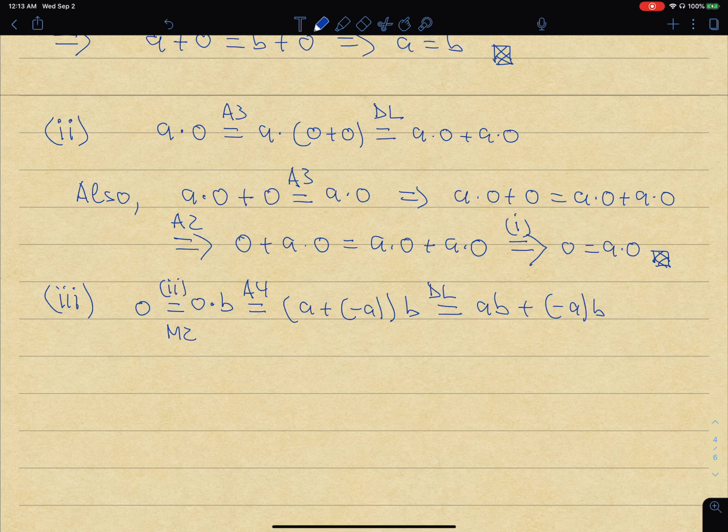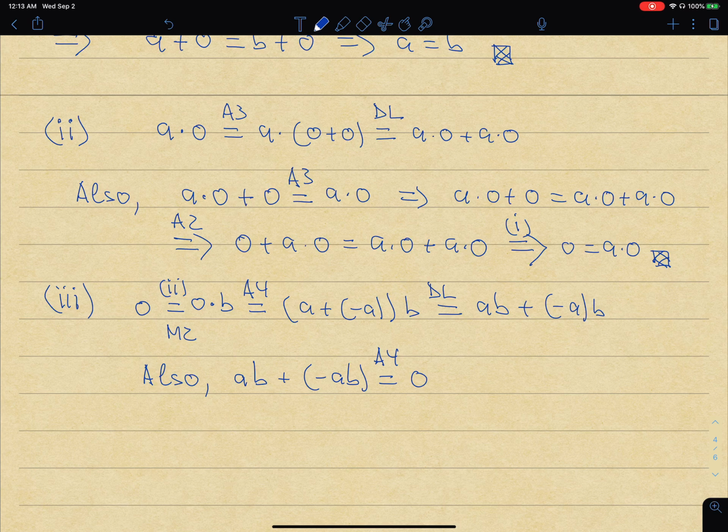Now, what else do we have? Also, if I add AB to minus AB, that is equal to 0, and this is again the existence of the additive inverse, which is A4.